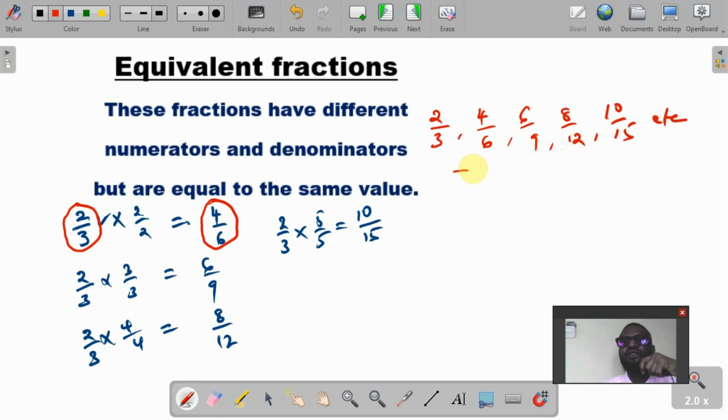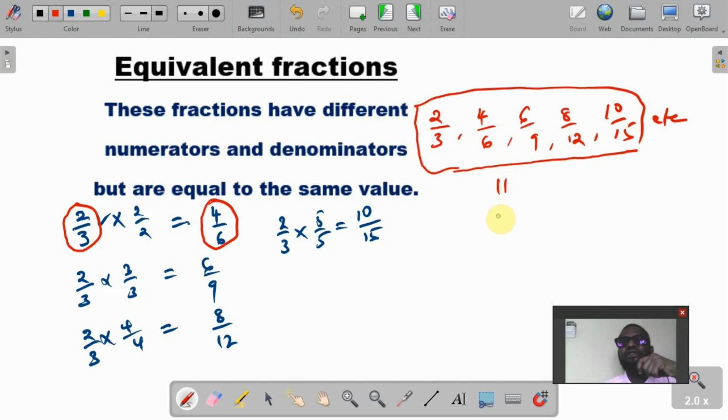All these fractions are called equivalent fractions. They have different denominators and different numerators. But when you simplify them, when you break them down to the smallest unit, they will all arrive at 2 over 3, which is the same value. That is why they are called equivalent fractions.